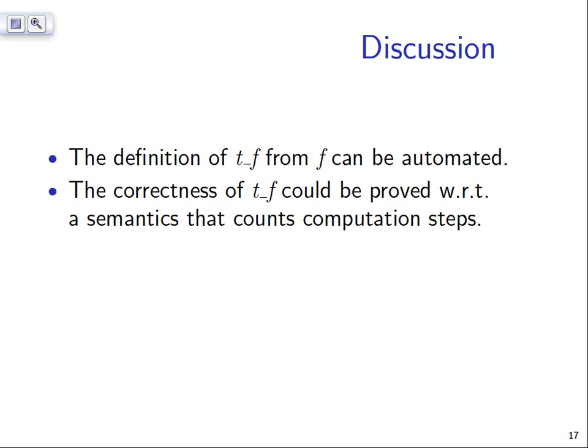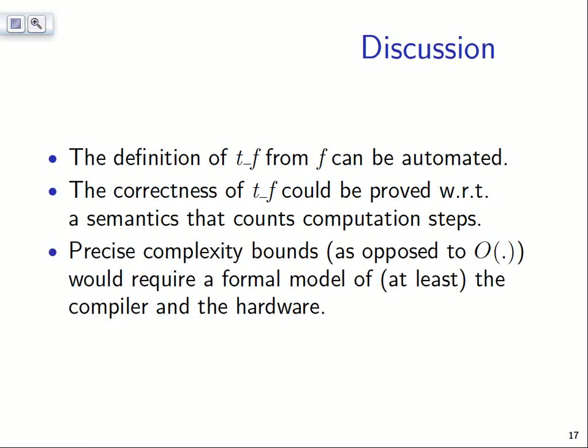You can in fact justify what you're doing, not just on paper, but also with some formal semantics for this little language we're using to write down our functions. However, of course, all of this is very abstract, and if you really want precise complexity bounds that mean something on some machine that you're going to execute it on, then this is really a hard problem. Then you would require a formal model of at least the compiler and the hardware, and it can be done, but it's a lot of work.